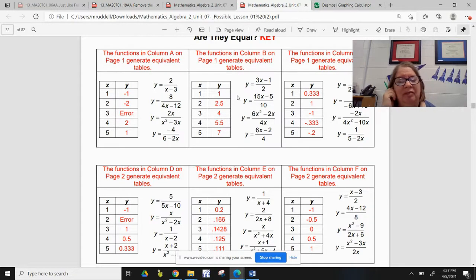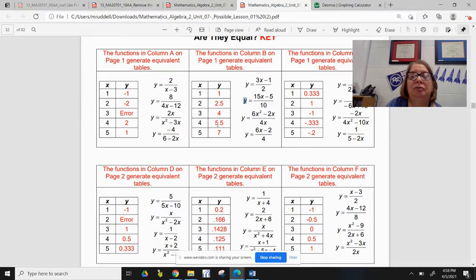All the ones in column B gave you the same table. All the ones in column C gave you the same table. These are equivalent. So take a look at these. What did they do to get from this equation to this equation? You can have equivalent expressions that don't have the same number. What we're going to be doing today is simplifying them.